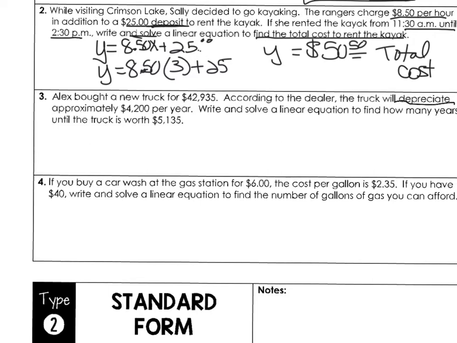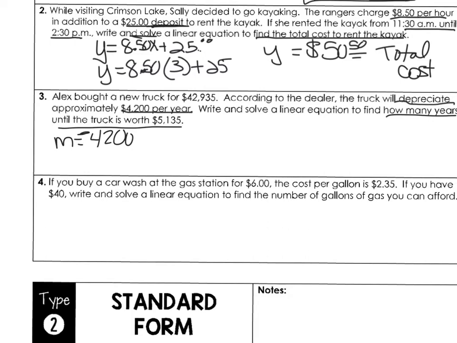It says write and solve a linear equation to find out how many years until the truck is worth $5,135. All right, so we know our rate of change because it says per year. So our slope, it's decreasing, so it's negative 4,200.